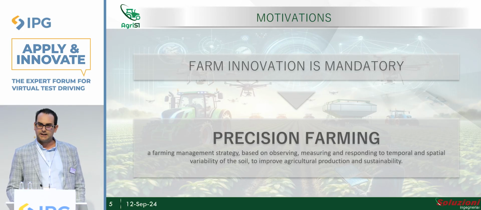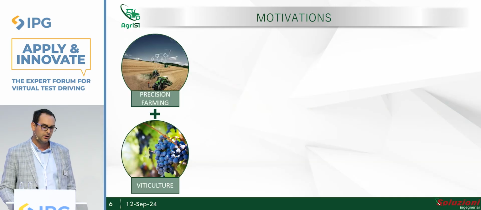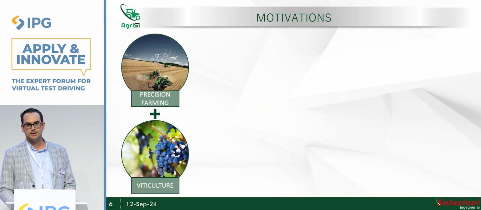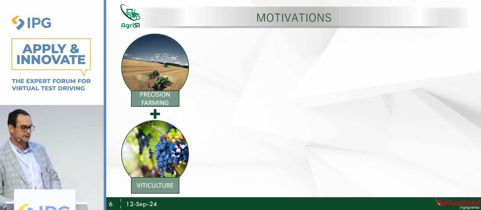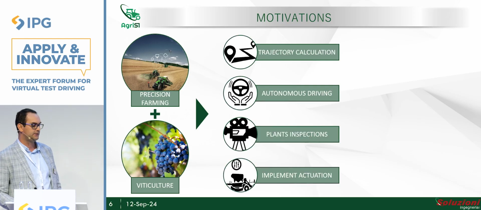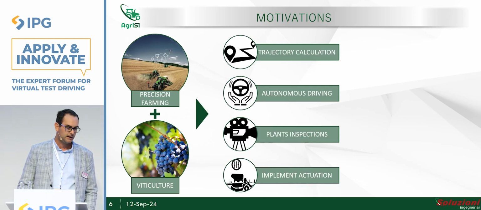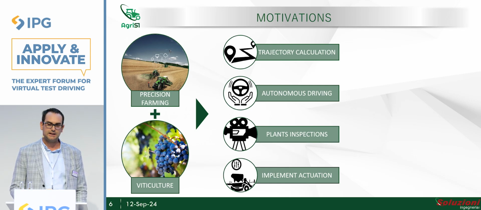So precision farming is a wide range of technologies and management methods. But if you apply it to viticulture, as in our case, we can find, for example, these kinds of systems: trajectory calculation, autonomous driving, plant inspection, implement actuation, and so on.